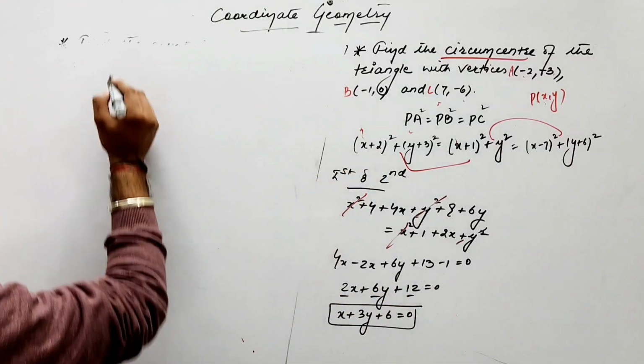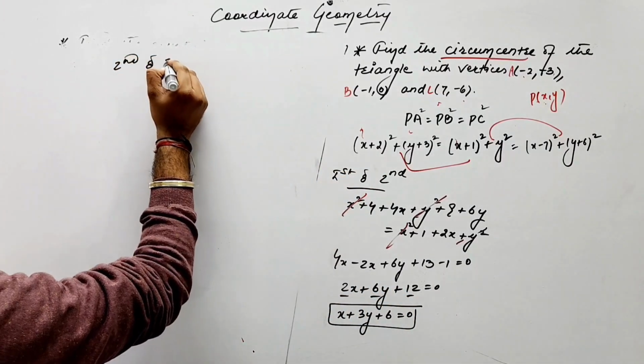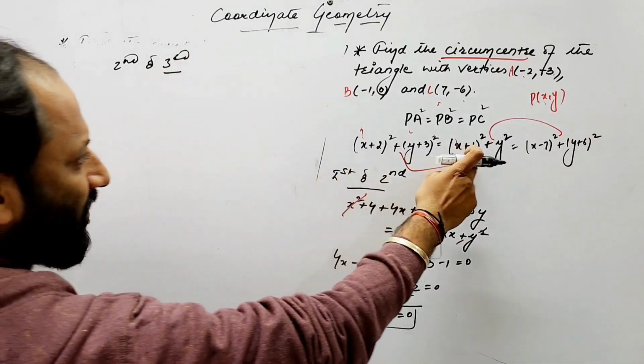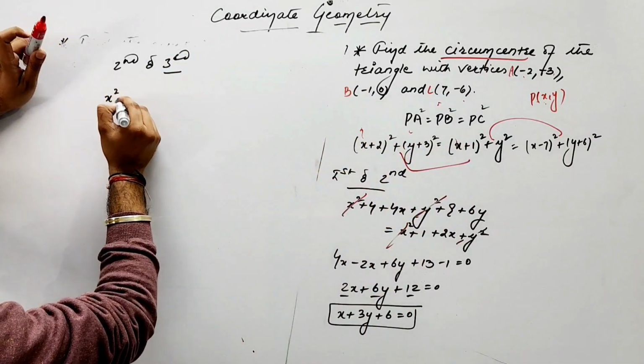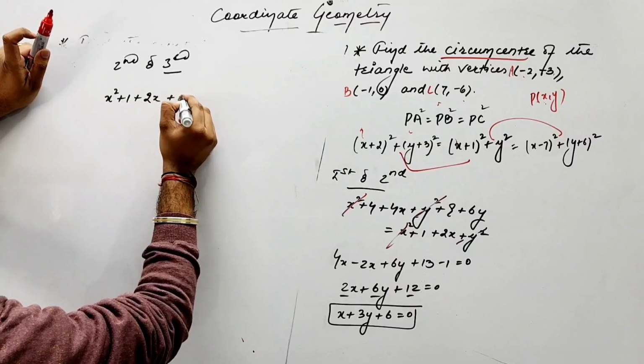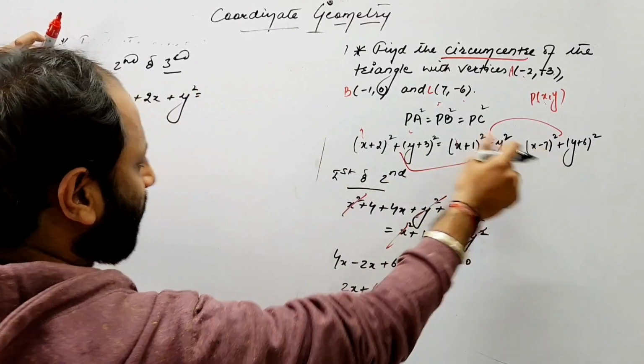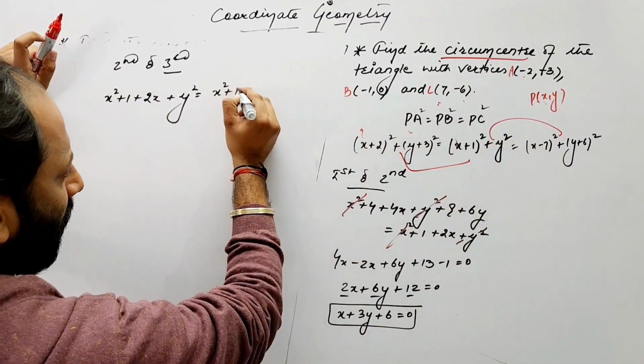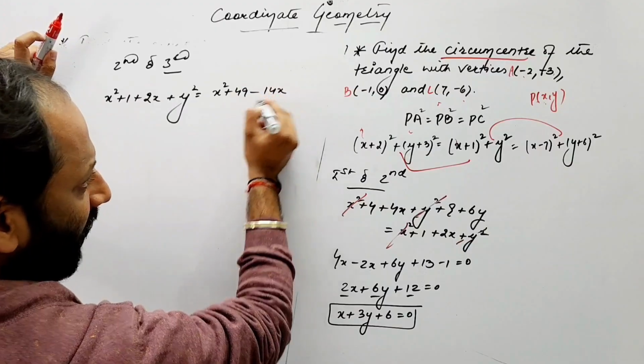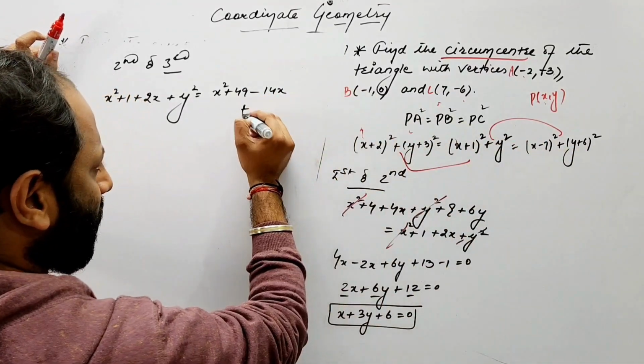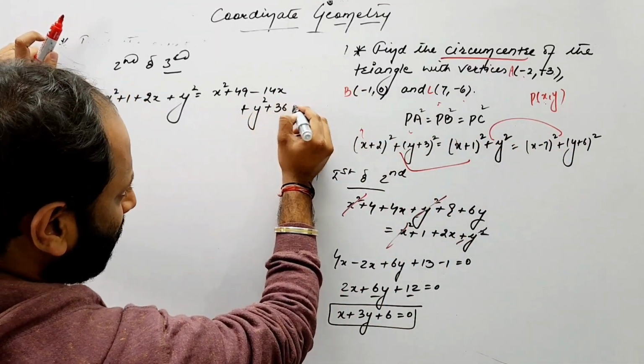From second and third, or first and third, whatever is convenient to you. Second: x square plus 1 plus 2x, I am applying the identity. Right side: x square plus 49 minus 14x, y square plus 36 plus 12y.